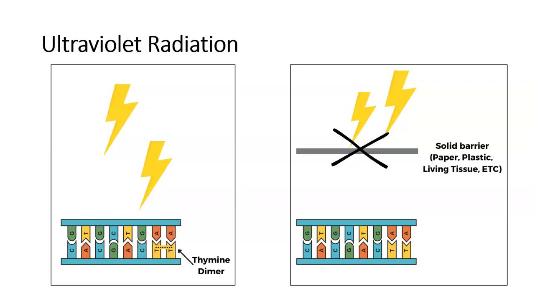So in the DNA, if you have two thymines next to one another, they can actually form a covalent bond between them as a result of exposure to ultraviolet radiation.